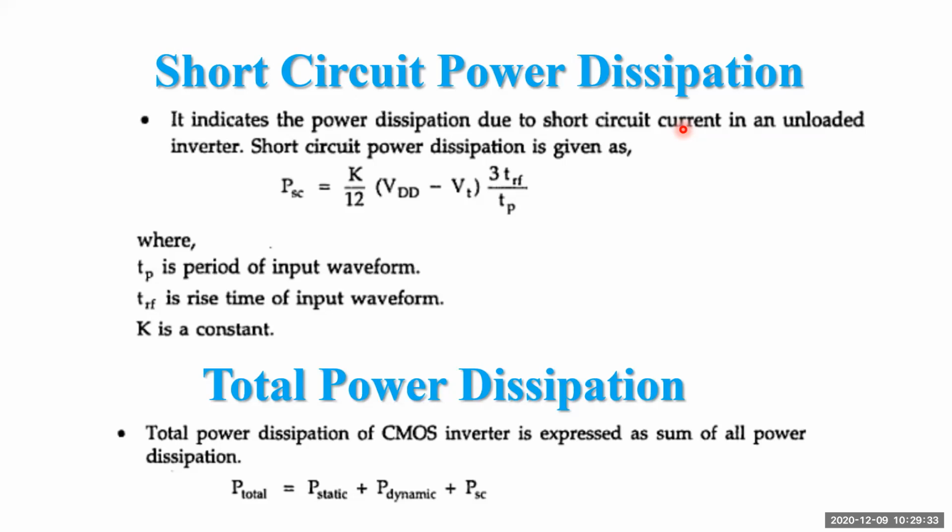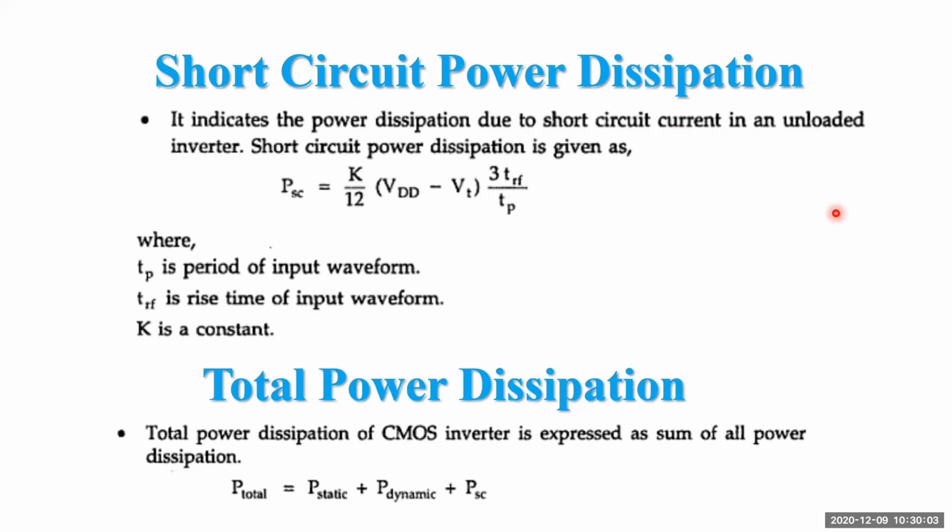Whenever a complete path has been created, there is a way for the current to discharge. That is, a discharging of the voltage takes place right from VDD to ground. Because both the transistors are turned on for a very small fraction of time, we call that kind of leakage of current a short circuit current. It happens for a very small amount of time.